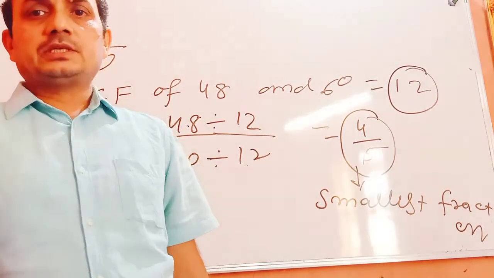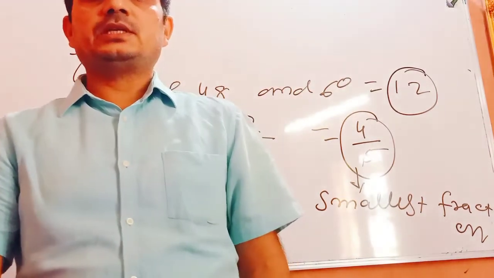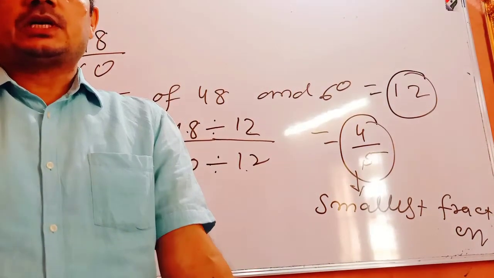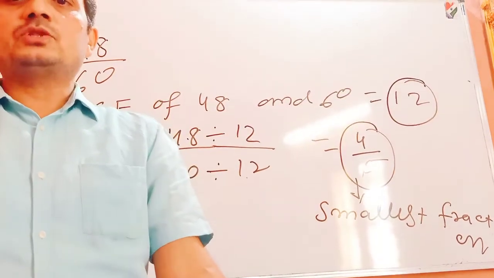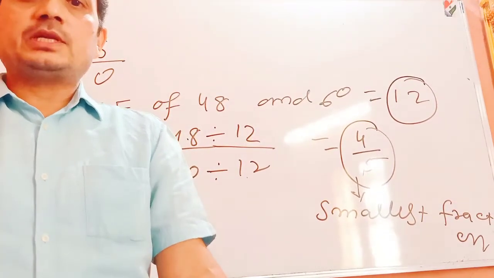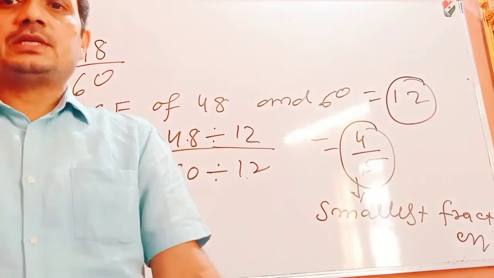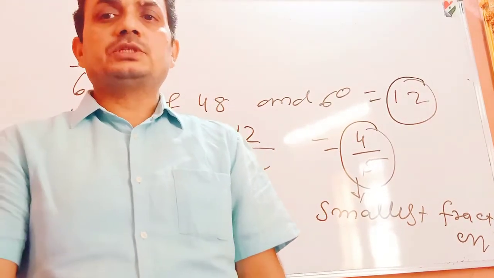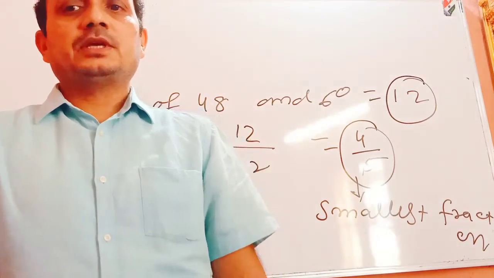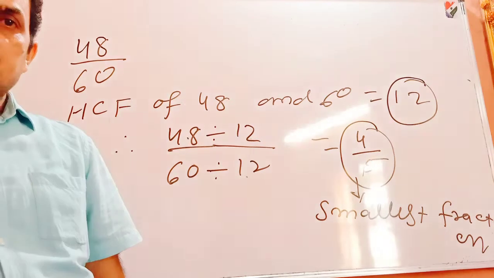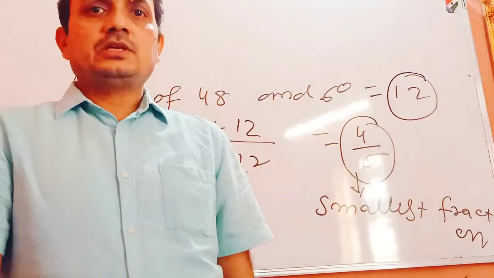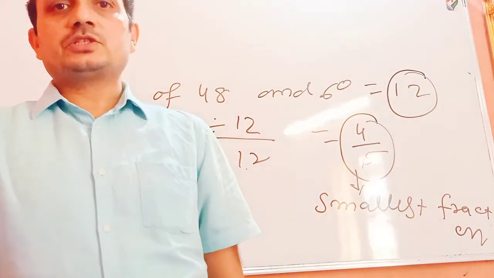I repeat, to reduce a given fraction to its lowest term, first find the HCF of both the numerator and denominator of the given fraction, then divide both terms by their HCF, and our question will be solved, converted into lowest form.